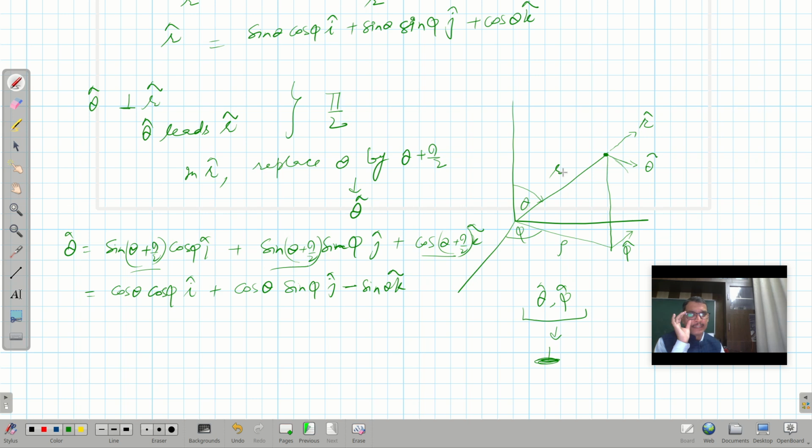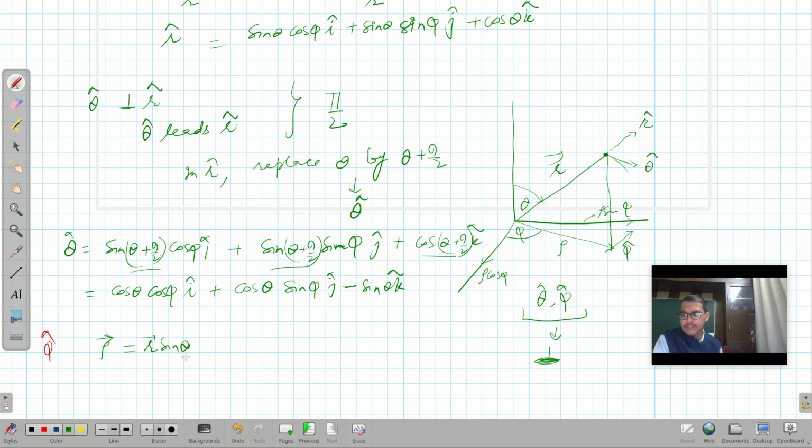As I did in the earlier lecture, the rho vector is r sine theta, and this rho vector has two components. One component is along the x-axis and another along the y-axis: rho cos phi, and rho sine phi.